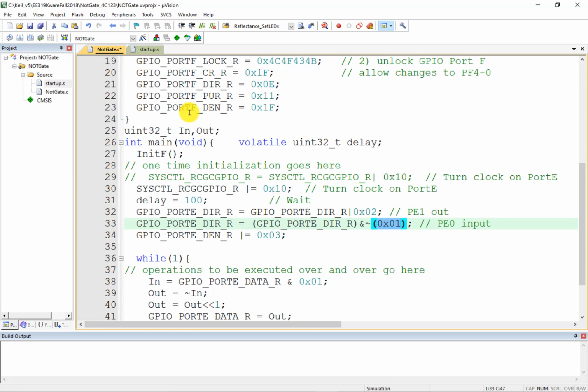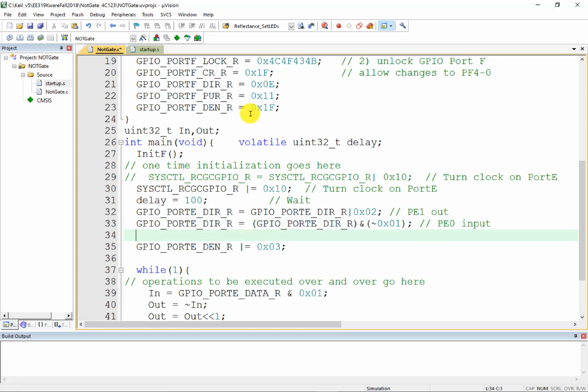What is the twiddle? That's the not. If I were to break this down by step, what would not 0x10 be? If I take all the bits and invert them, what do I get? 1, 2, 3, 4, 5, 6, 7 F? Something like that? Did I get enough Fs?